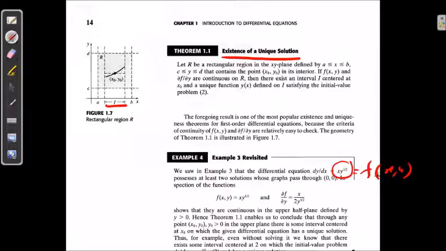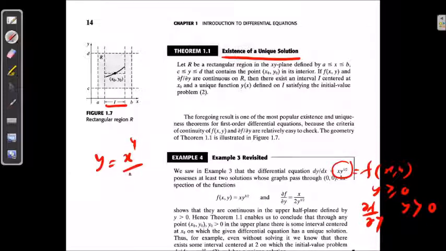Now this function is continuous for all values of y greater than or equal to 0. But ∂f/∂y is continuous only for y greater than 0. So they are continuous in the upper half plane defined by y greater than 0. So for y greater than 0, there exists only one solution, which is y equal to x⁴/16.